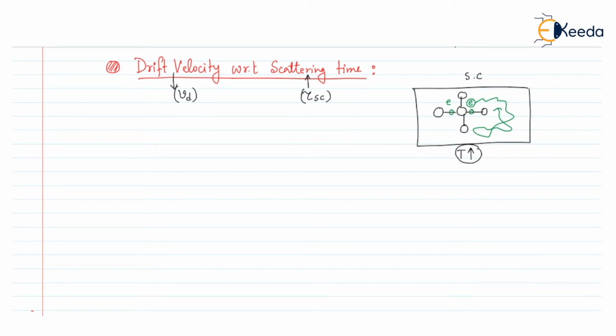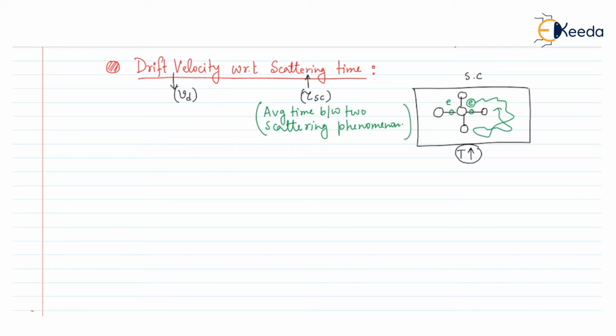During this random motion, the free electron will get scattered, and scattering time means the average time between two scattering phenomena. So tau sc is the average time gap between two scattering phenomena.